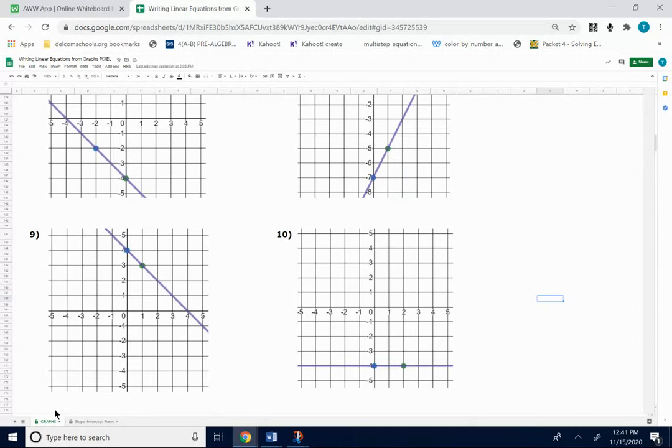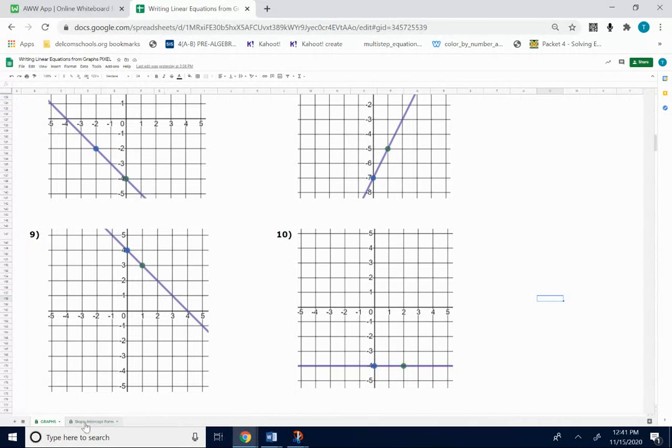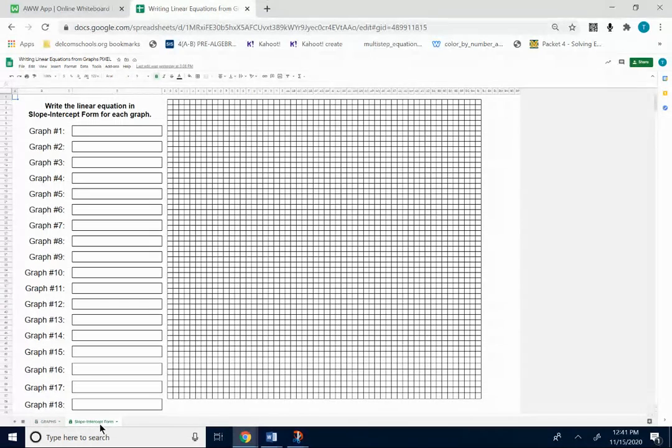Okay, but if you notice down on the bottom left-hand corner, you have two different tabs. Okay, so that first tab is for the graphs, so you can click on it. And right next to where it says graphs, you can click on the other tab, and that's going to give you a place to write your answers. Okay, so graphs on one, the answers on the other.